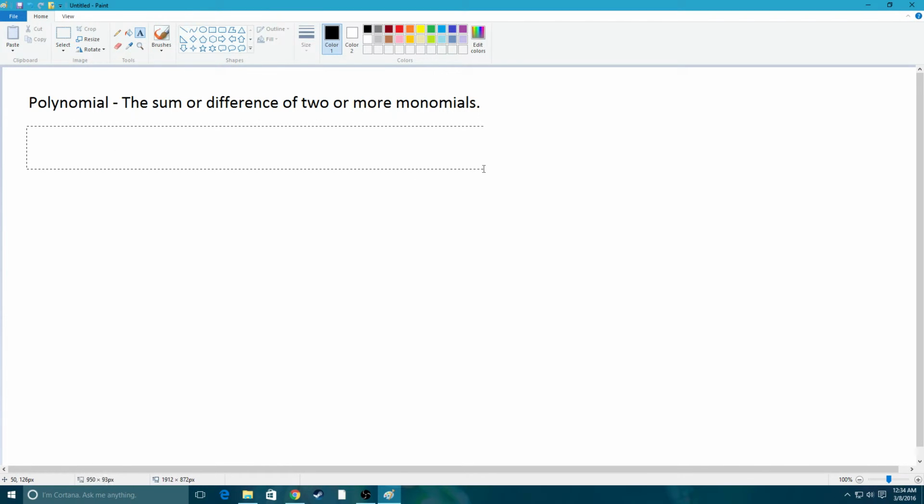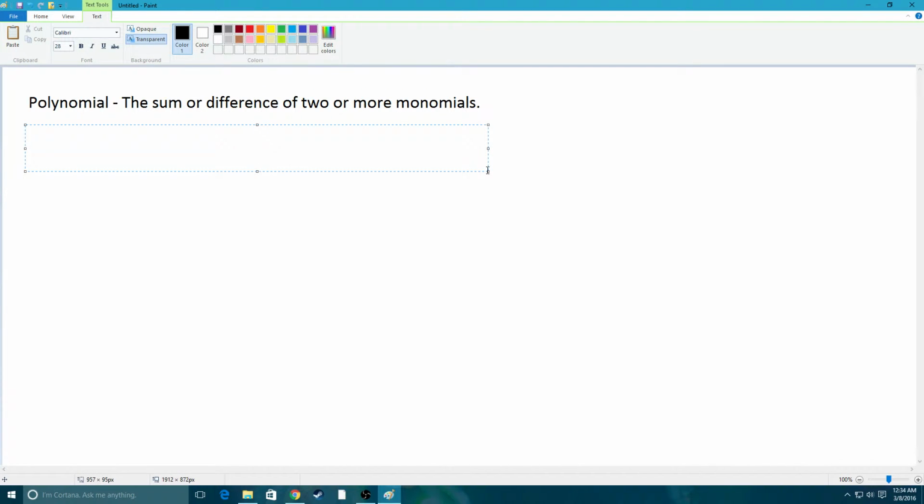When we write polynomials, there's a certain way we have to do it, and this is called standard form. Standard form is where the degrees of the monomials decrease from left to right.